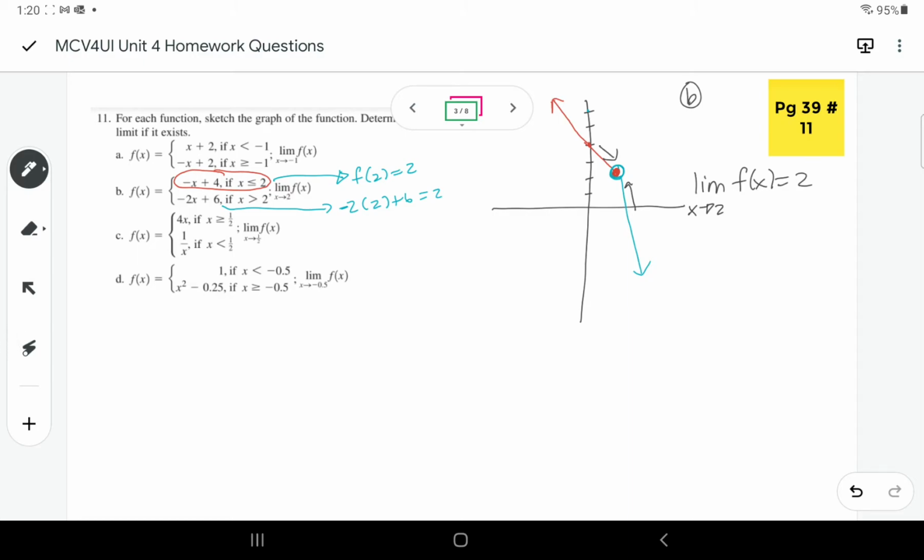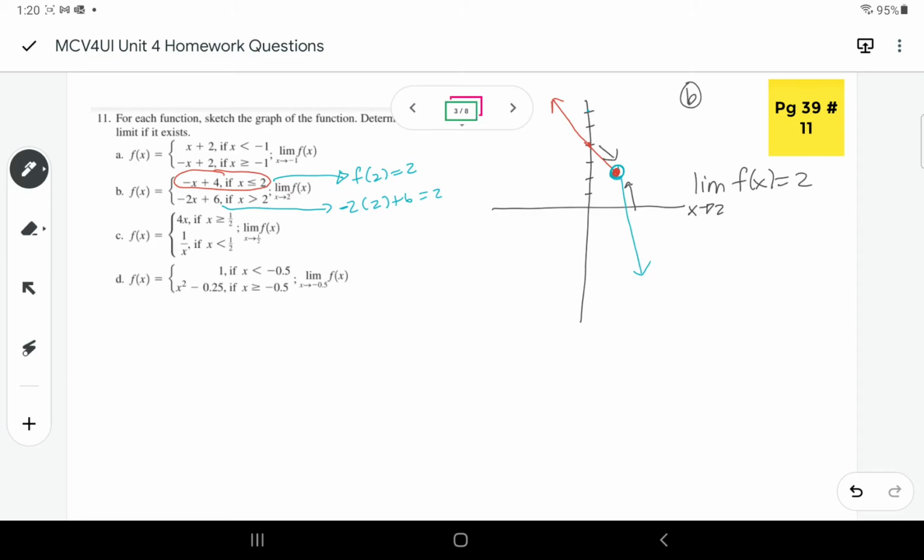So, Mr. Cooper? Yep. It's a limit because it continuously goes on, I guess? The line doesn't have a break? Right, there's no jump. Holes are okay. Like in the previous one, even though it didn't equal at that point.